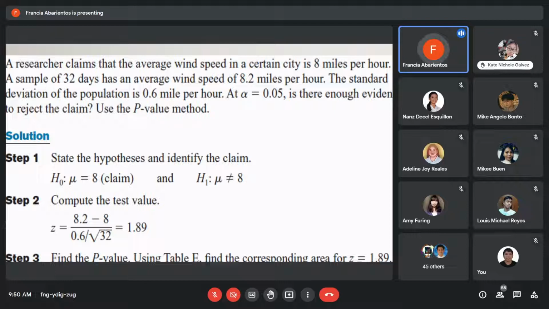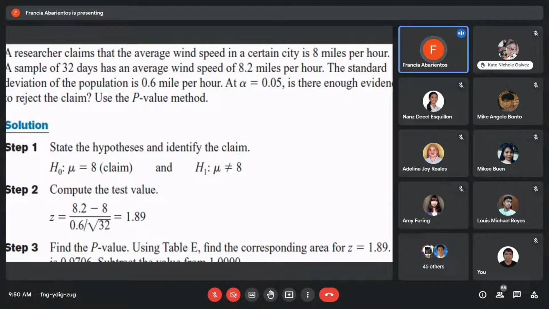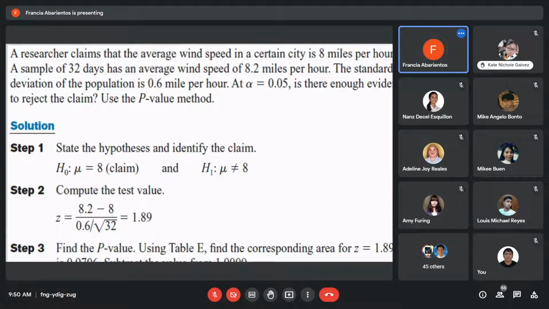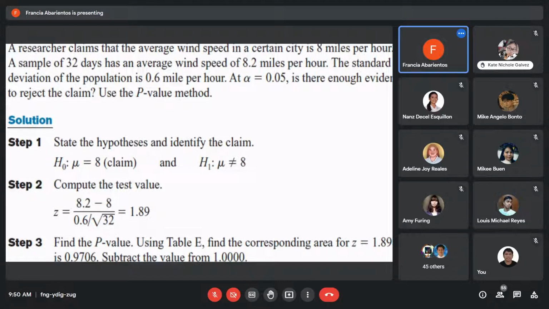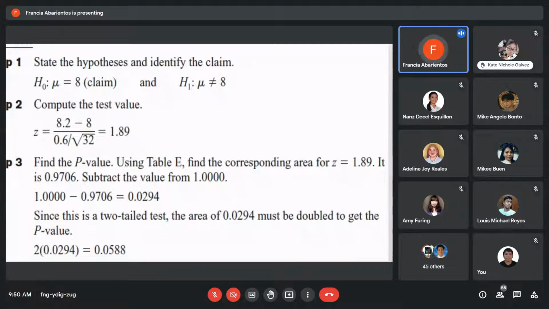So, computing for the test value: 8.2 minus 8, kasi given sa atin yung average wind speed and the standard deviation of the population, which is 0.6, divided by the square root of 32. Okay, so that is the test value, and then finding the p-value using table E.